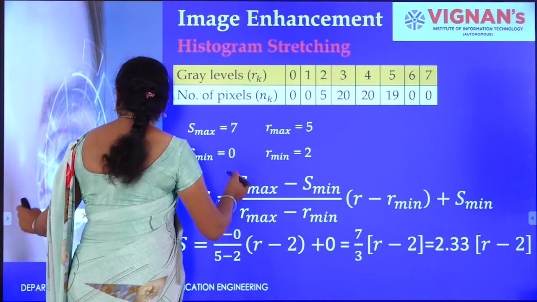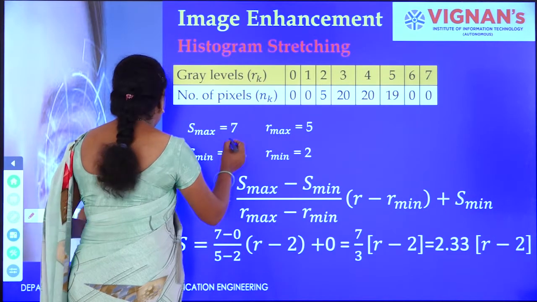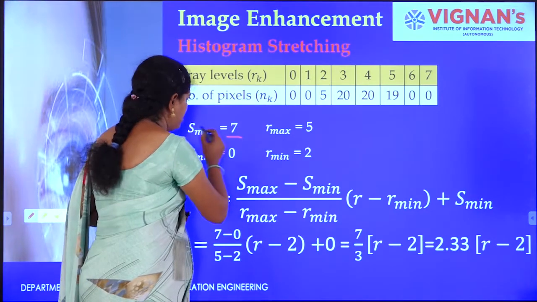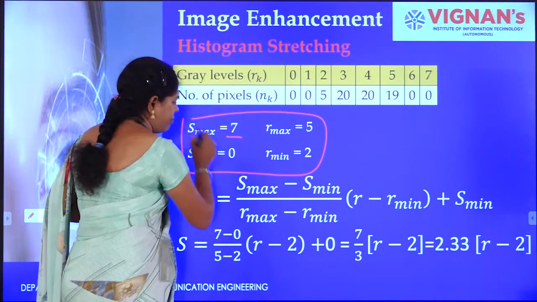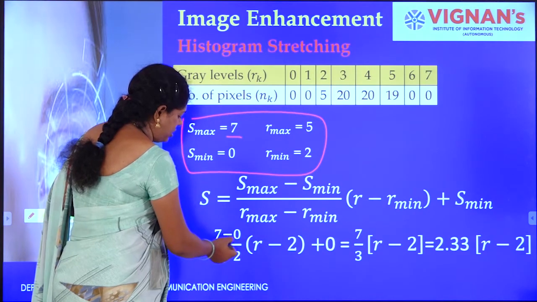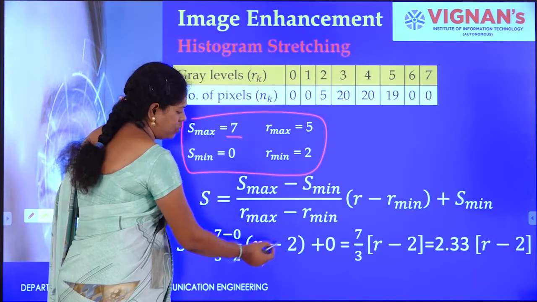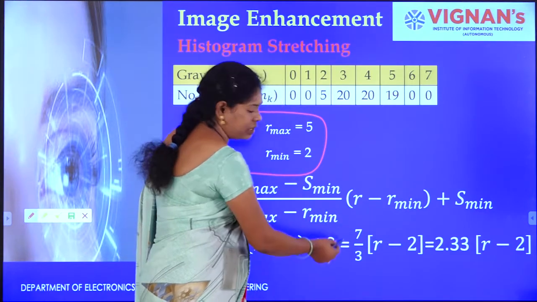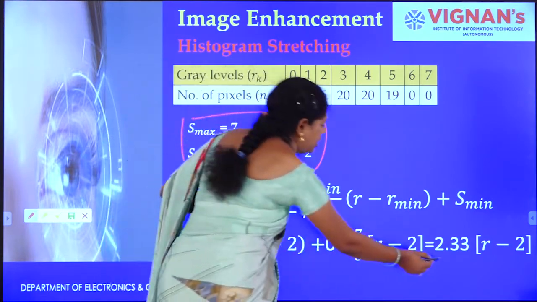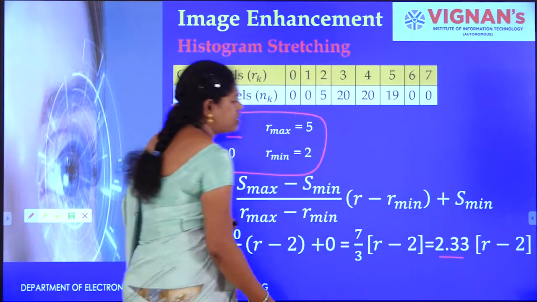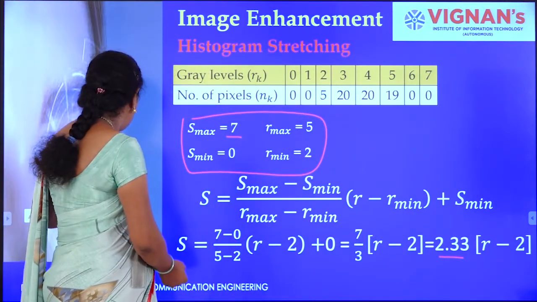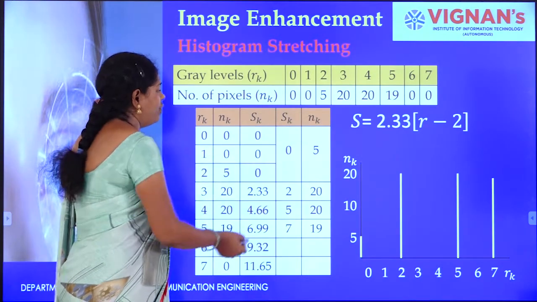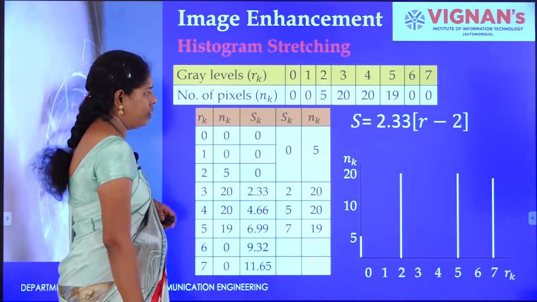By substituting S maximum and R maximum, all these values in the formula, that is 7 minus 0 and 5 minus 2, R minus 2, we are getting 7 by 3 in R minus 2. That is, 7 by 3 is nothing but 2.33 into R minus 2. By using this, by substituting the different values of R, we can get the corresponding S value.